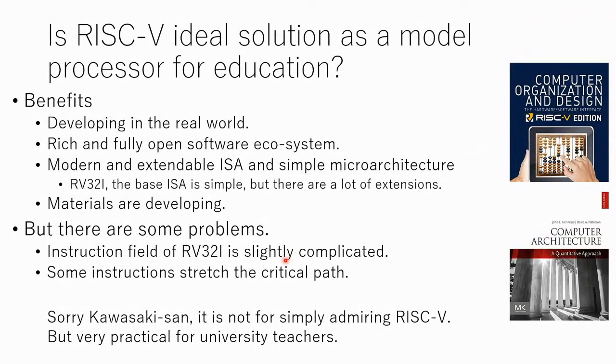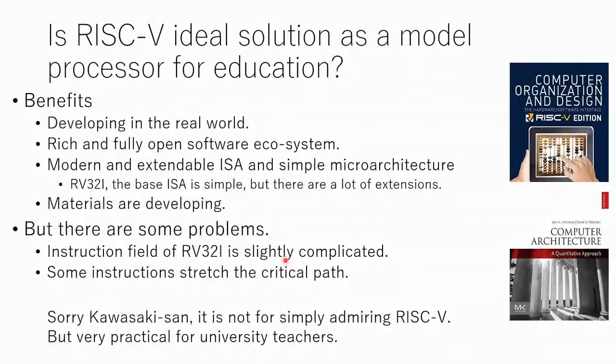So now RISC-V has received attention as an ideal model processor for university education. It is becoming popularly used in the real world, and the ecosystem is rich and fully open to academia. It also provides a modern and extendable instruction set architecture, and it takes a simple microarchitecture similar to MIPS R3000.